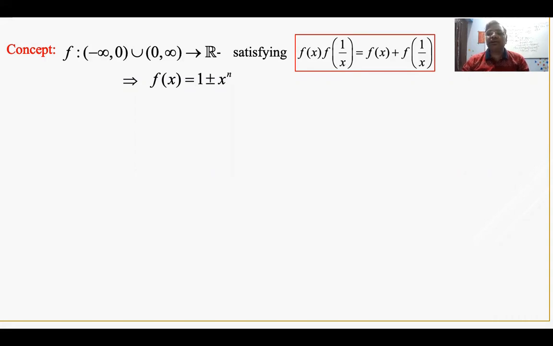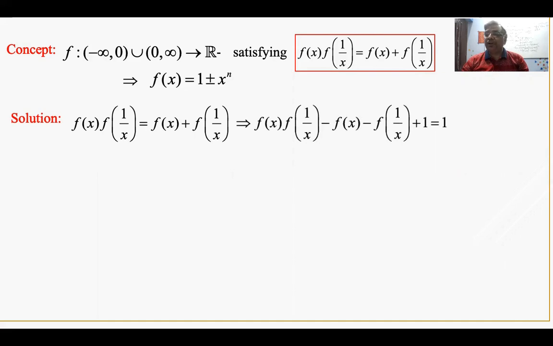How did we get that? Let us see here. f of x into f of 1 by x is equal to f of x plus f of 1 by x, as given. Then bring the right side terms to the left side and add 1 on both sides. So clearly the left side will be factorized like this.